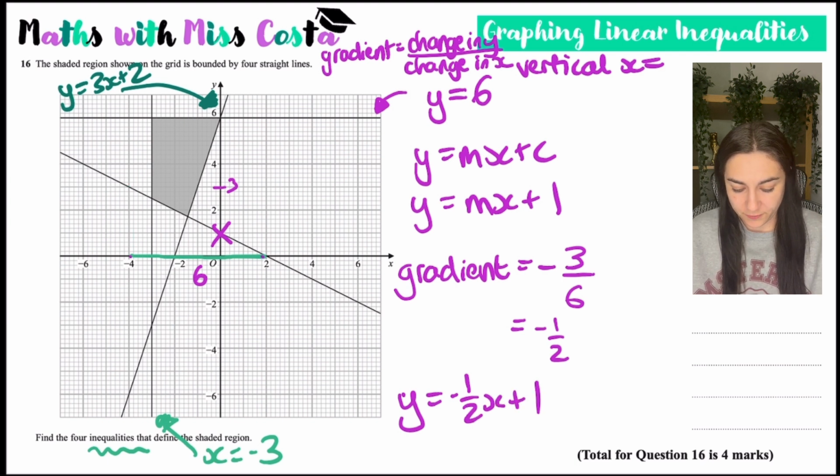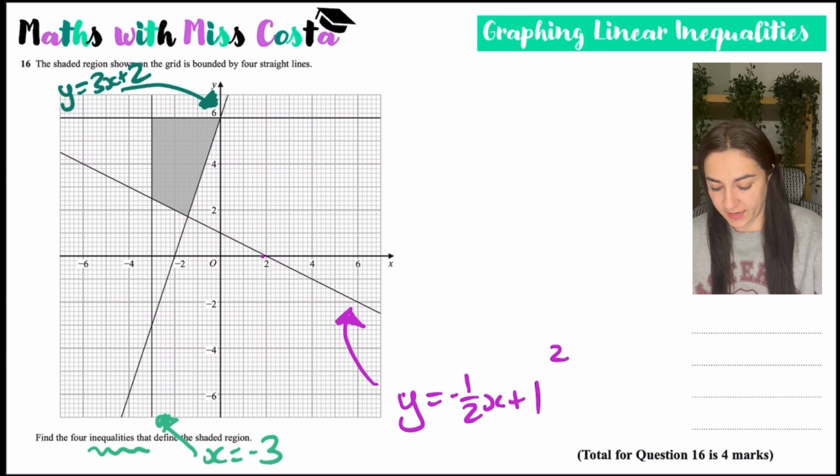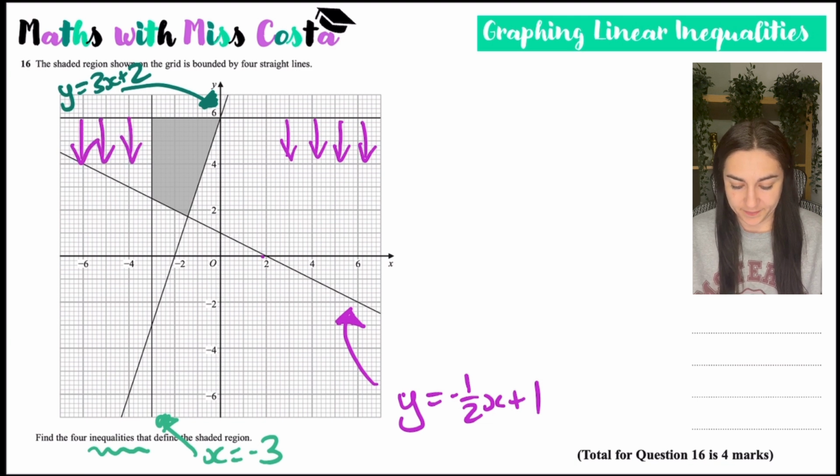Okay, so now I've got all 4 of my lines. Let's just label that one here. And I need to decide how I can make them so that they satisfy the region. So this region here is satisfied by any coordinate that is less than this line here. Now I've deleted it, but this was the line y equals 6.